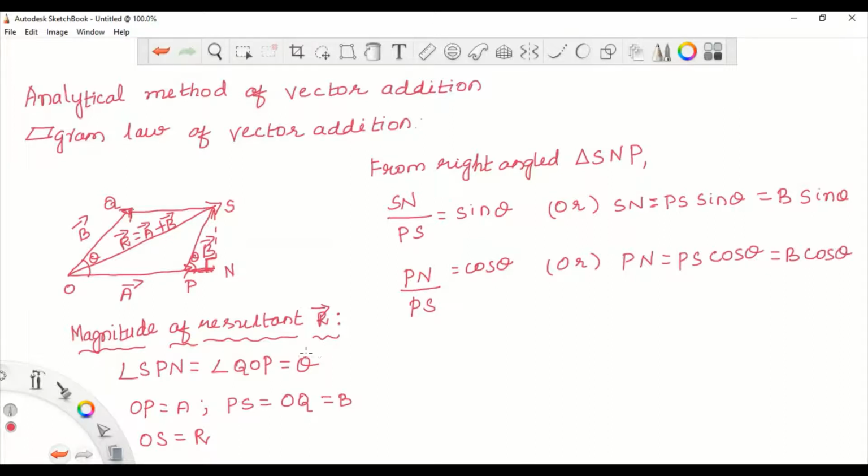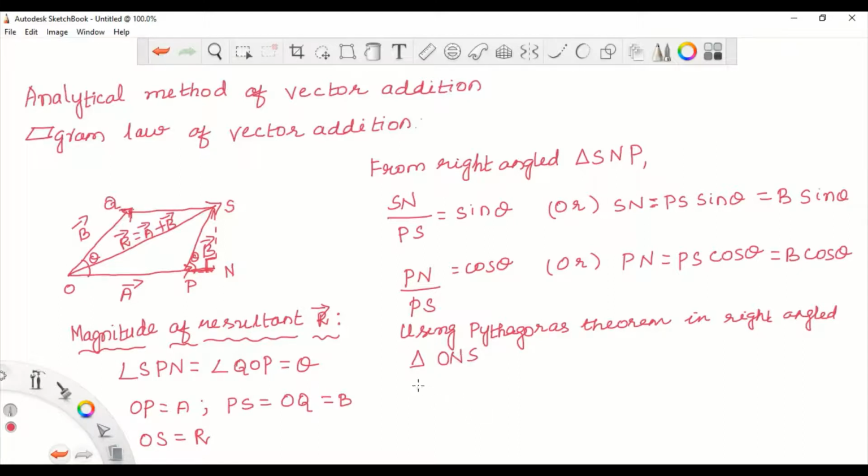Again we are going to use Pythagoras theorem in right angle triangle ONS.